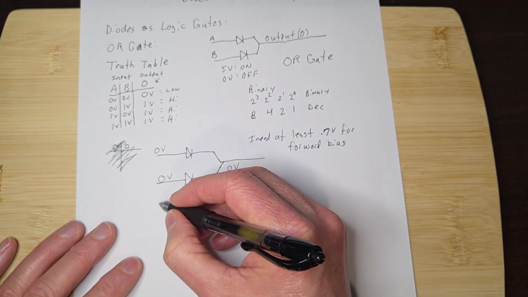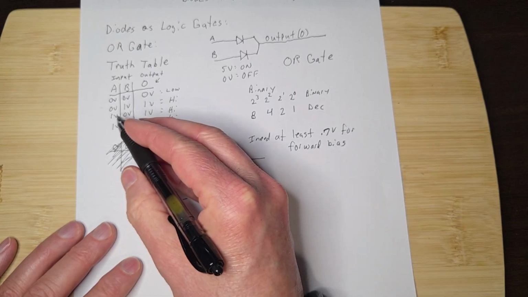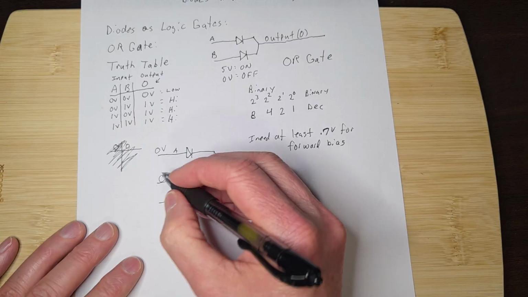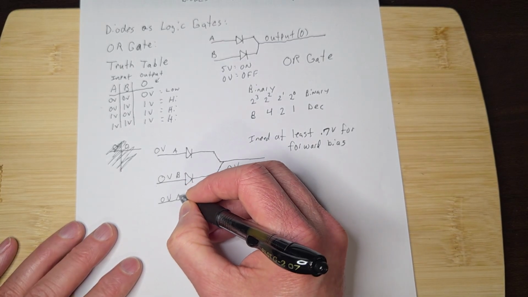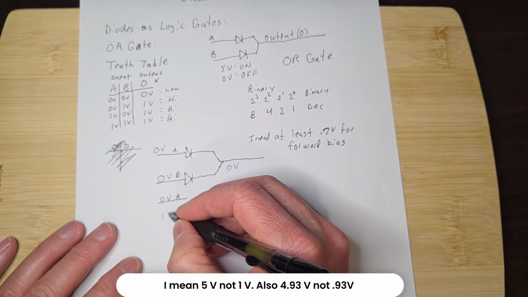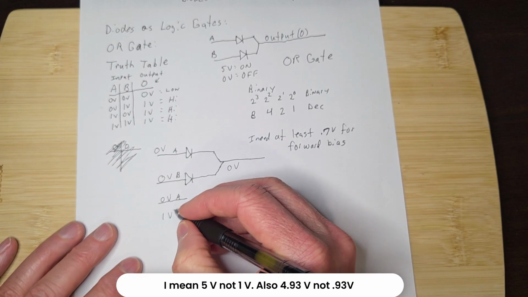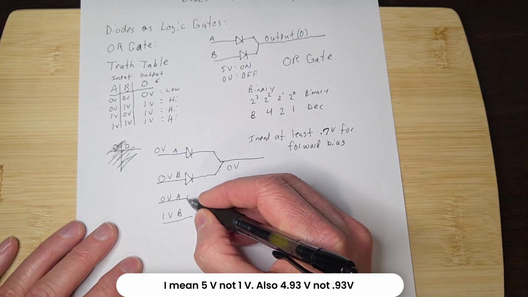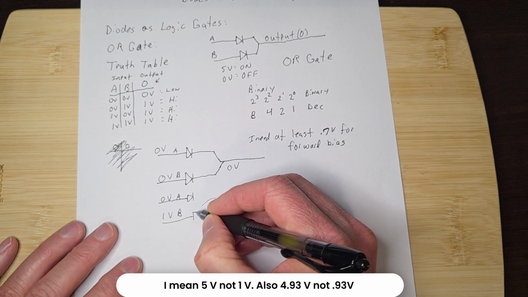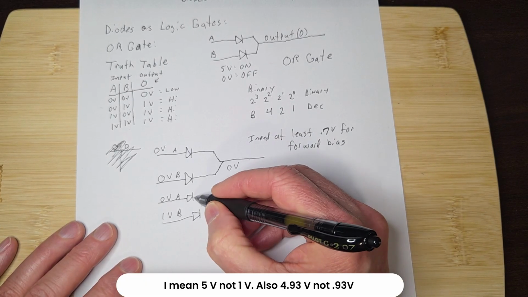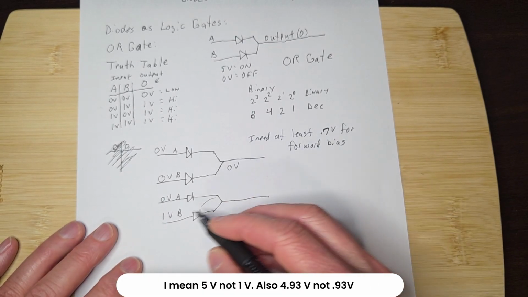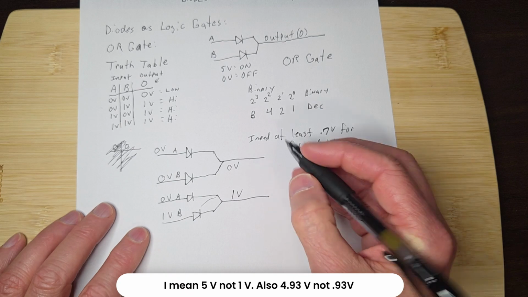If I put in a 1 here, oh, let's see, how did I have it? Oh, so this is A and B, right? So if I do 0 volts at A and 1 volt at B, and I have a diode here, then I'm going to have 1 volt, right?